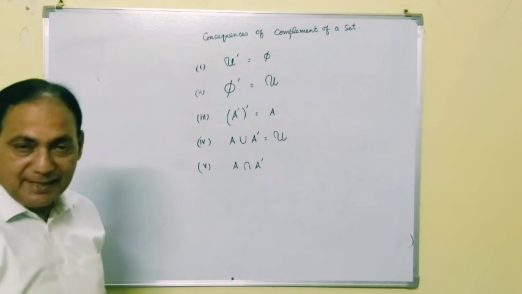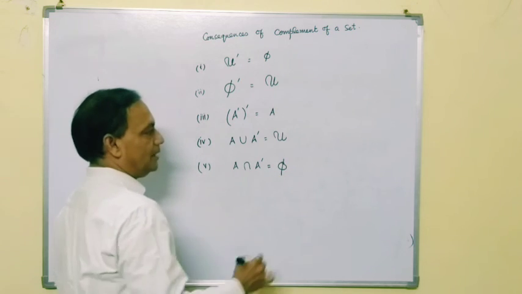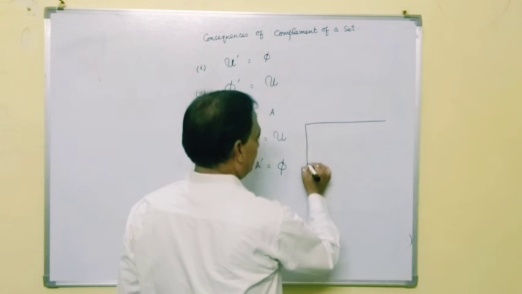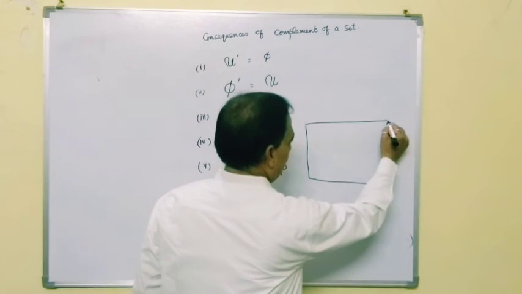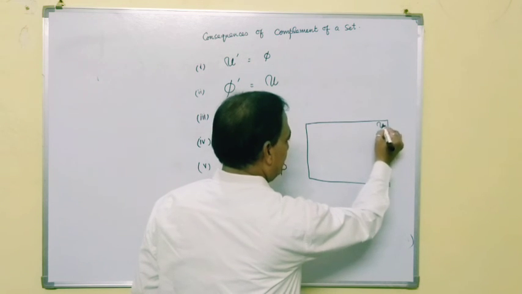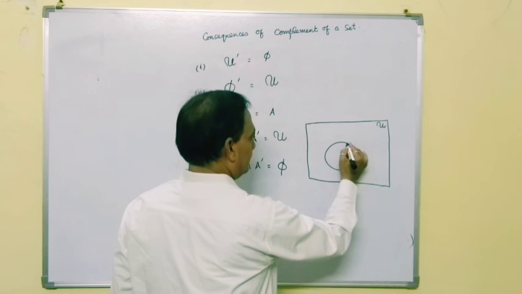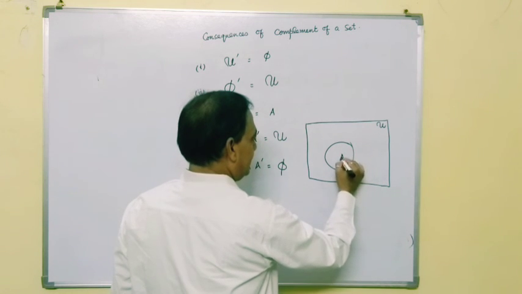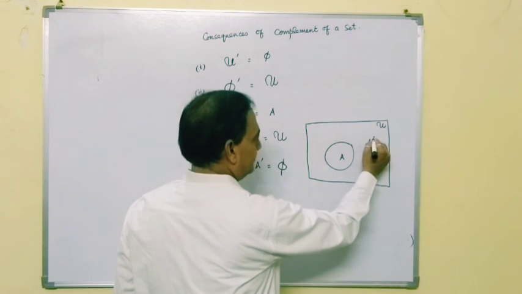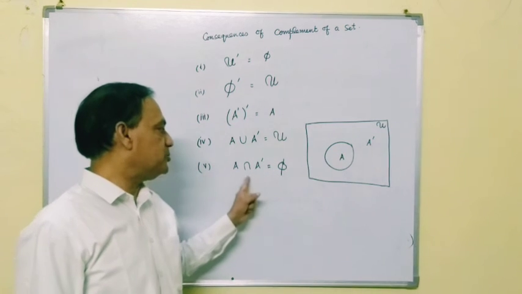A intersection A dash is the null set. आप देखेंगे, this is universal set and this is A. This set is A and this set is A dash. तो आप देखेंगे A and A dash are disjoint.